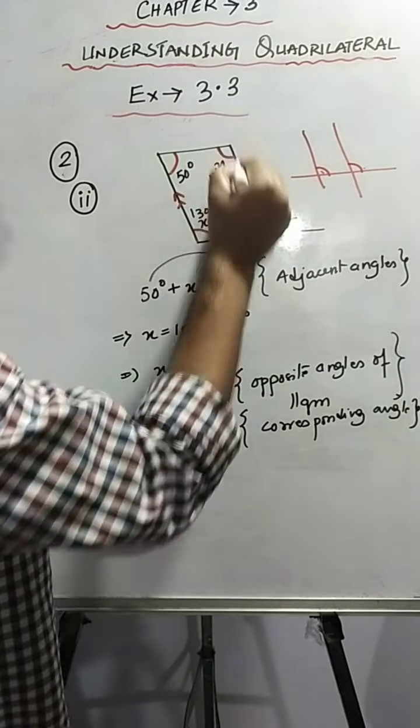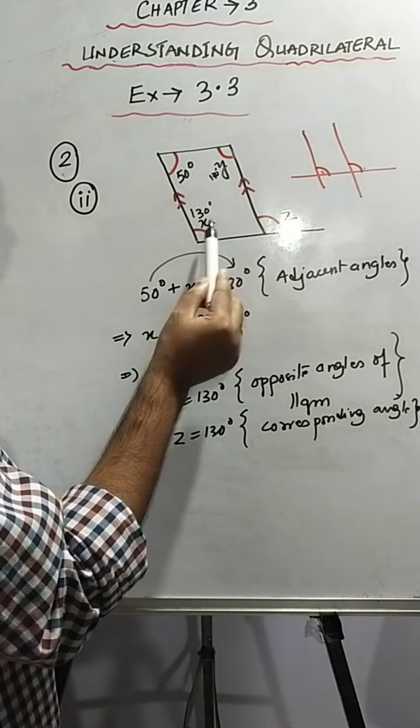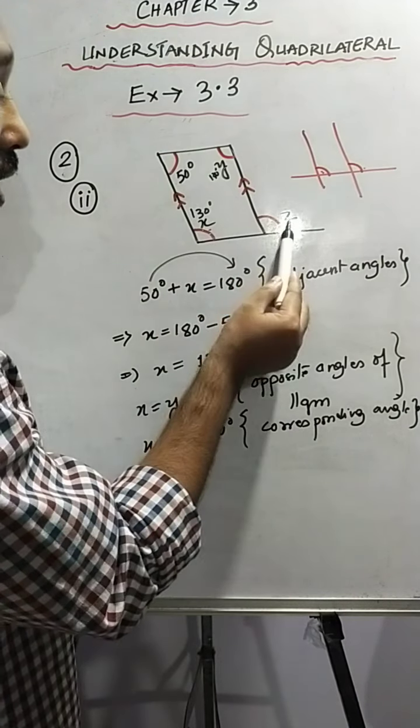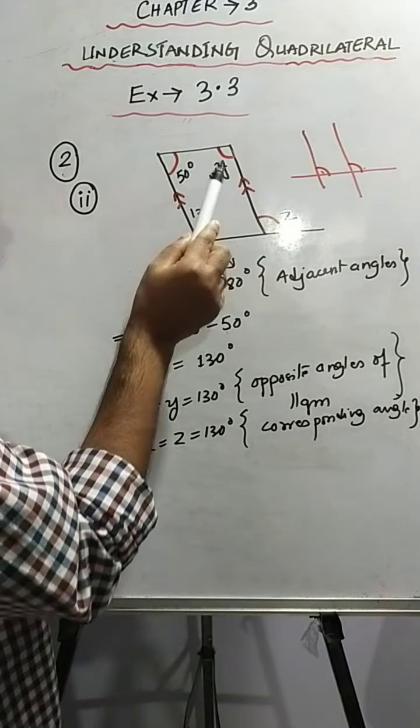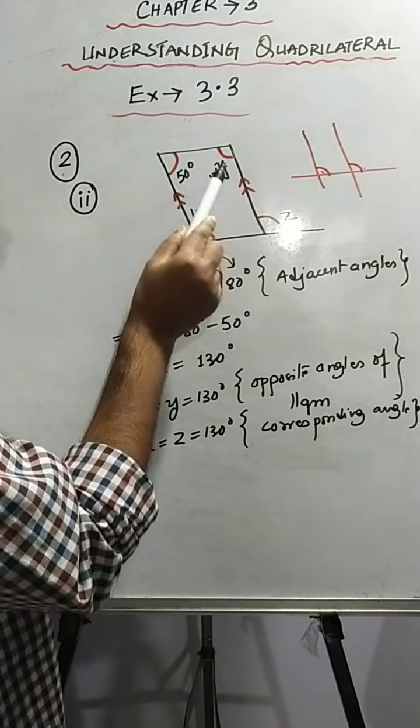They are interior alternate angles. It depends on whom you are building a connection with, x or y. If you are showing a relation between x and z, you will write corresponding angles. If you are showing a relation between y and z, you will say interior alternate angles. Now let's move on to sum number 3.